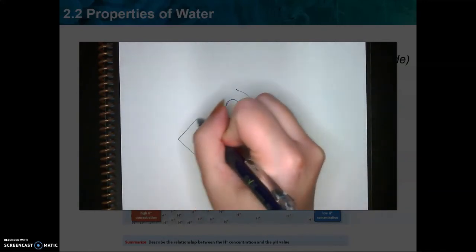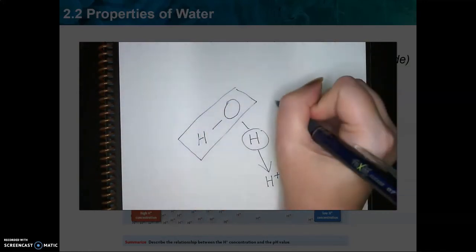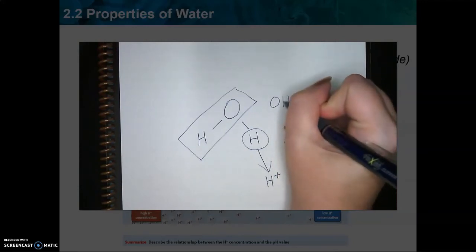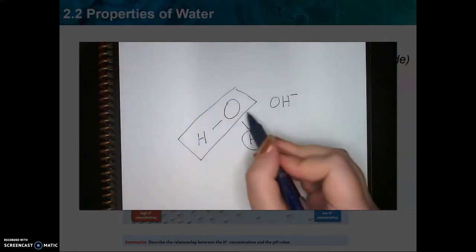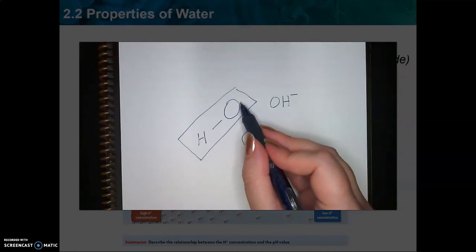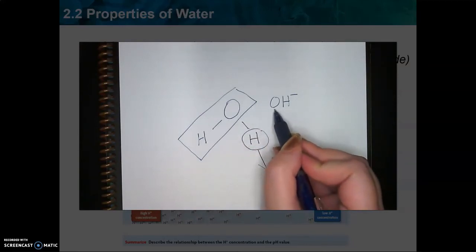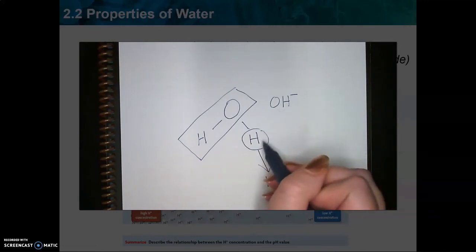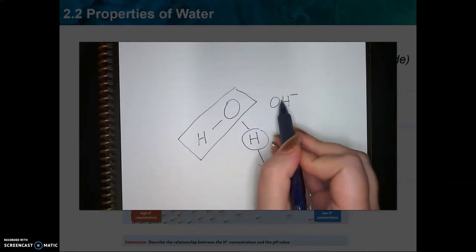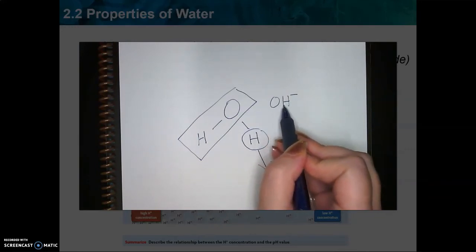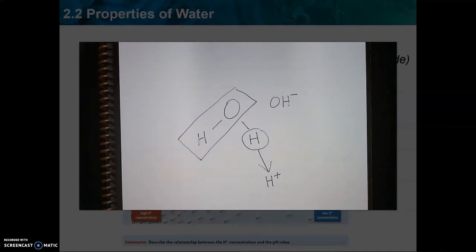If we remove that one hydrogen, we are left behind with an OH. And it has a negative charge because this hydrogen took the positive with it, but not the electron. It left the electron behind because oxygen likes to keep its electrons, and that means that it left behind an OH. So the more hydrogens you remove from the solution, the more OH you're going to leave behind. So that's why you can define a base either way. It's just two different ways of addressing the same concept.